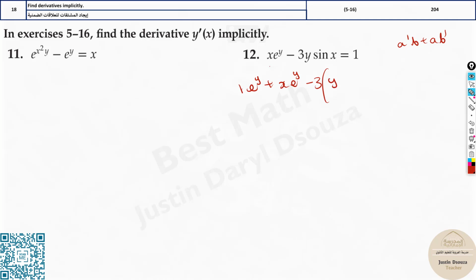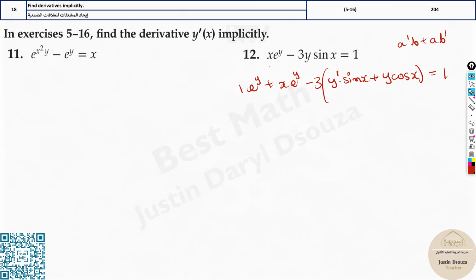What happens here is y prime, because derivation of y would be y prime multiplied by sine x, plus, now y remains. What is the derivation of sine x? It's cosine x, positive. And that is equal to 1. If it is cosine over here, it will be minus. So remember, that's very important, the signs.